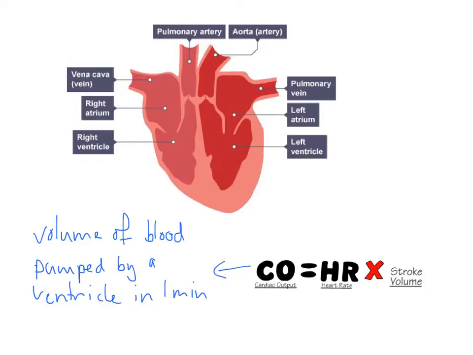Okay, that's your cardiac output. Whether it's coming out of the right ventricle or the left ventricle, don't worry about the structure of the heart yet, that's later in B2. The volume of blood leaving the right ventricle is the same as the volume of blood leaving the left ventricle. They're the same, otherwise you'd have problems with too much blood going one direction and not enough coming back. So it's always just a ventricle.